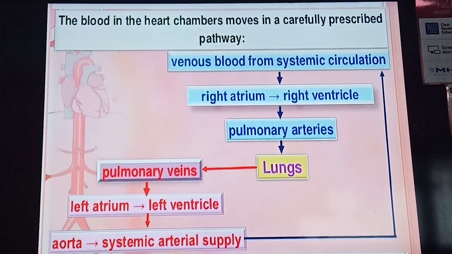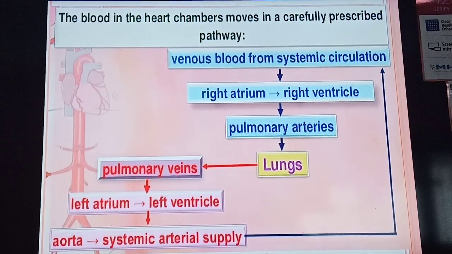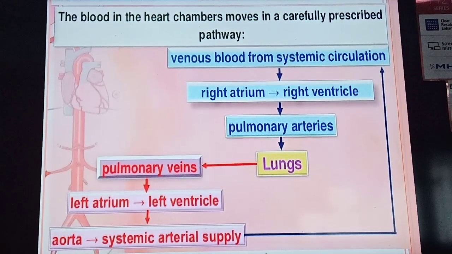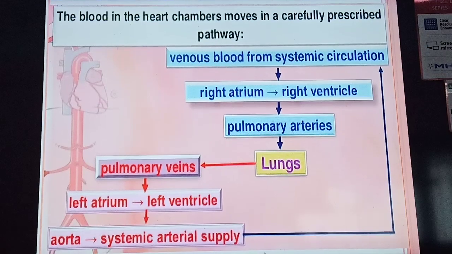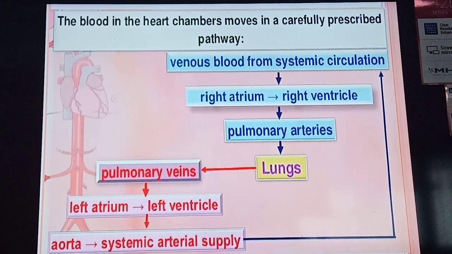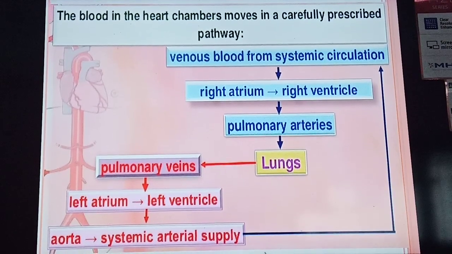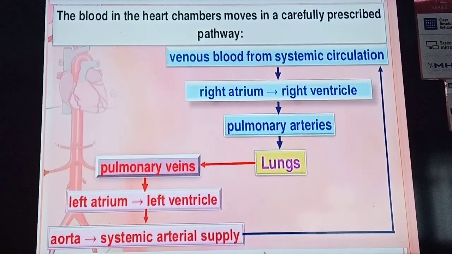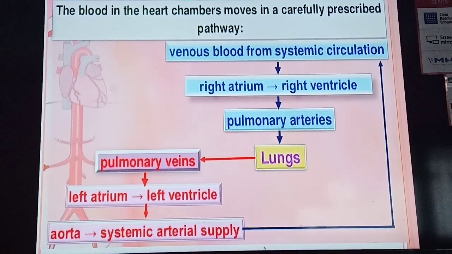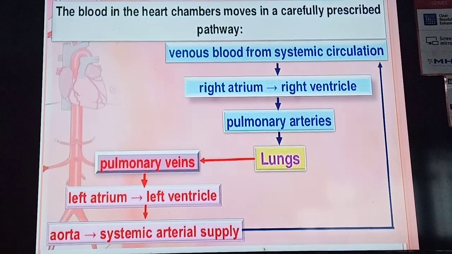For oxygenation, the blood goes to the lungs, and then the purified blood goes to the pulmonary veins, then to the left atrium, the left ventricle, and finally the aorta and the systemic circulation of the body.